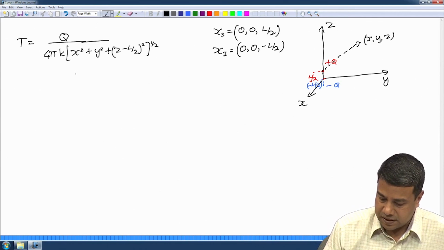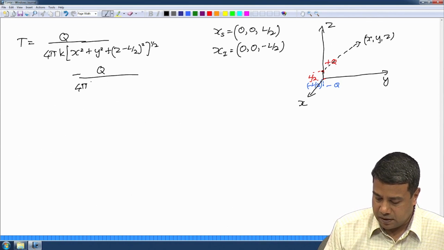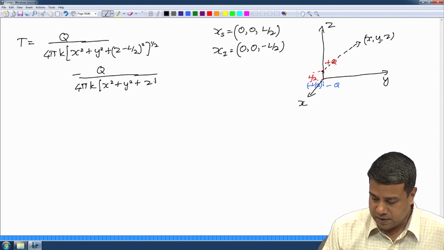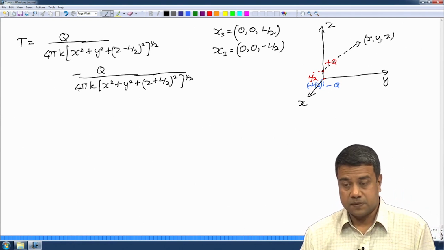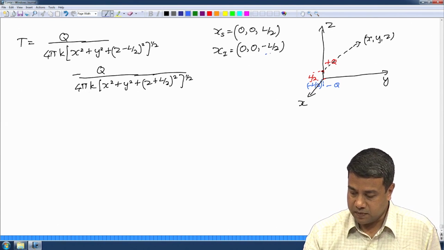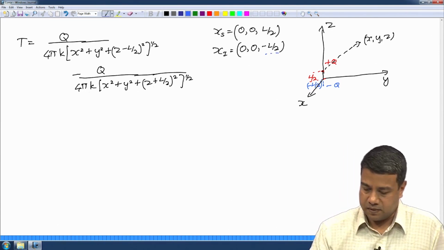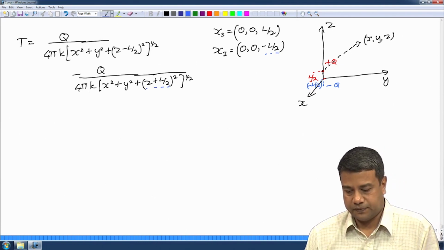So, the second term will be equal to minus q by 4 pi k into x square plus y square plus z plus L by 2 the whole square, to the power half. That is because the sink location is at z equal to minus L by 2, so z minus the sink location is equal to z plus L by 2.